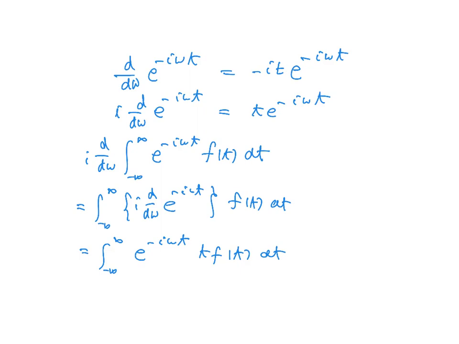So if f(t) is transformed into f tilde omega, then t f(t) becomes i d/d omega of f tilde omega.